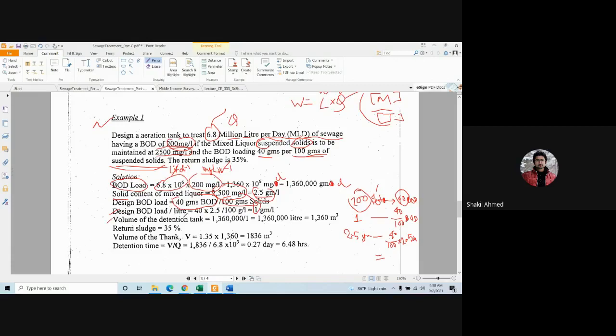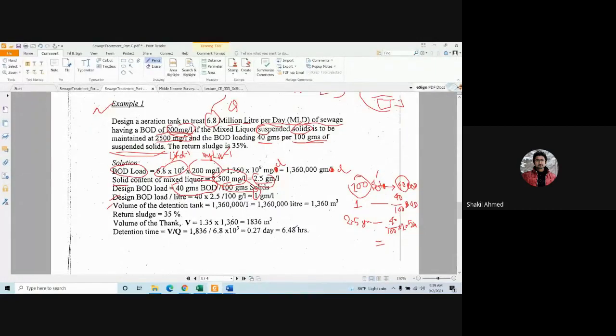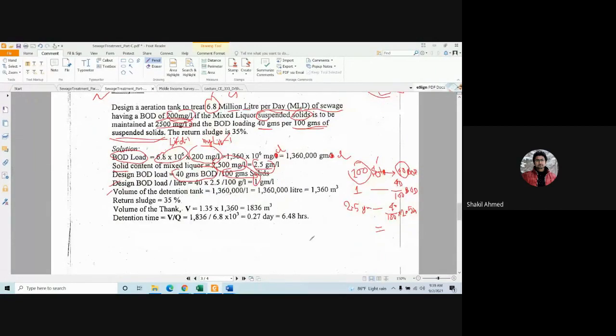Volume of the detention tank is what? Look at this. Rho equals m by v, right? So volume v equals m by rho.